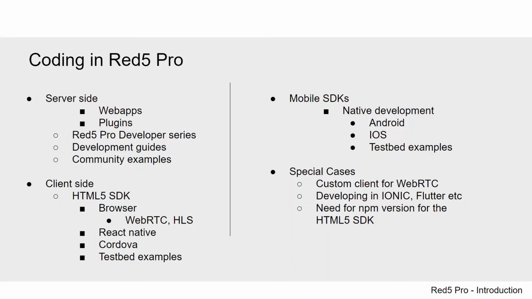So that's pretty much it about the programming side of Red5 Pro as an overview. And in the last section, I will also explain how to reach out to the exact documentation and references that can help you with the development.